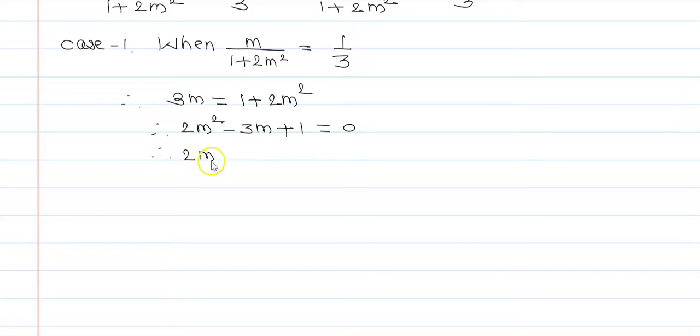Therefore 2m square minus 2m minus m plus 1 is equals to 0.